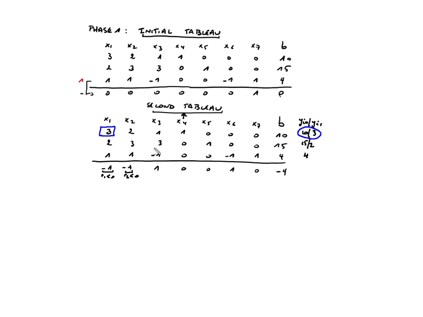We now have to create zeros below the pivot. Here the multiplier will be 2 over 3, the element to eliminate over the pivot. Then another row operation, and here the multiplier will be 1/3, and yet another elementary operation, and here the multiplier will be -1/3.